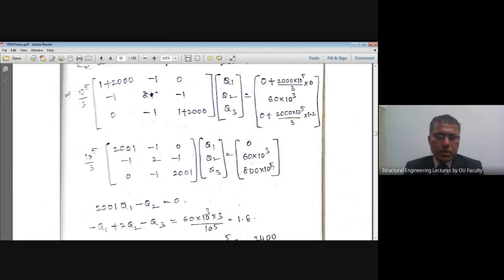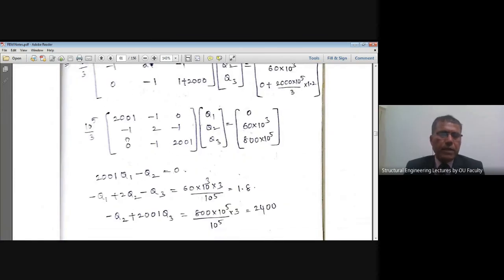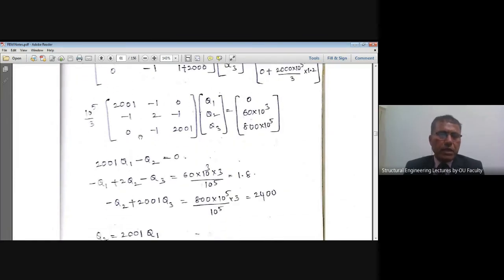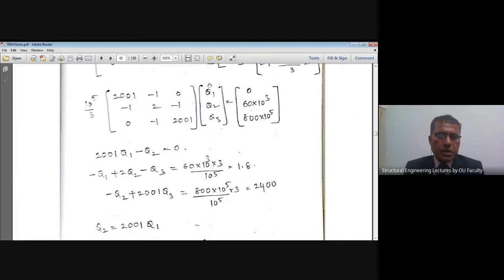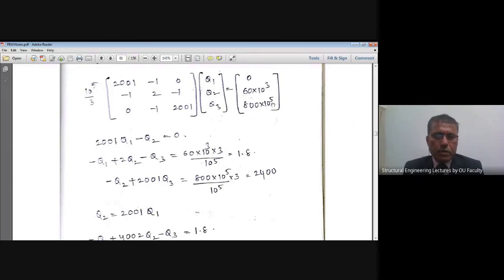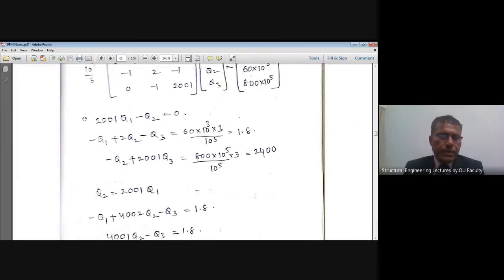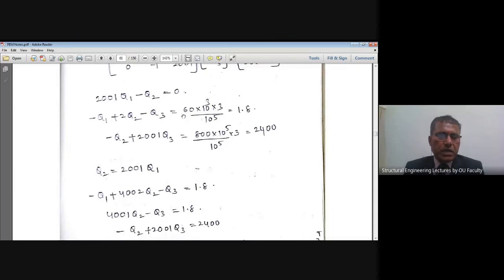All these are in terms of newtons. That last force is very huge. Therefore, solving this, you'll get three simultaneous equations. The first row operated upon the column is equal to 0. The second row operated upon this column is equal to 60 into 10 to the power 3. The third row operated upon this column is equal to 800 multiplied by 10 to the power 5. That is how the three equations are written here, students.